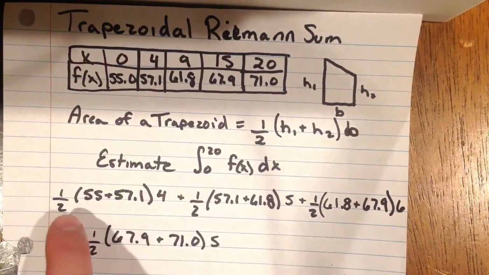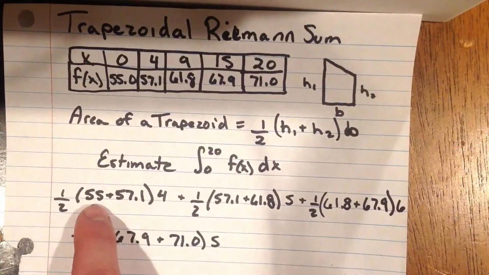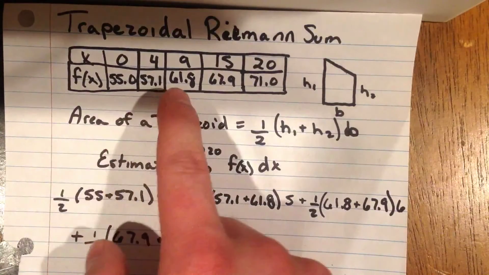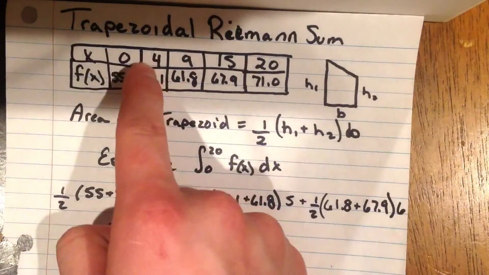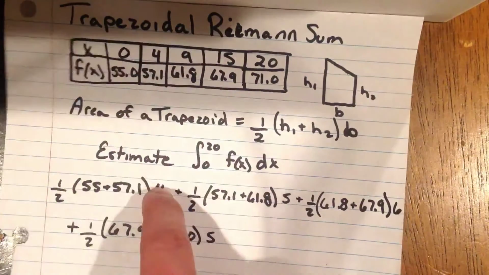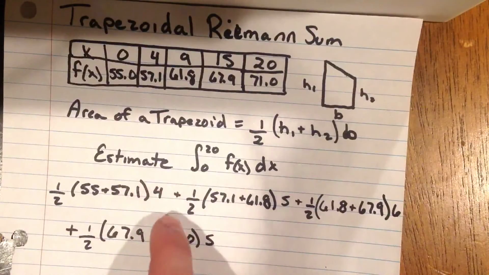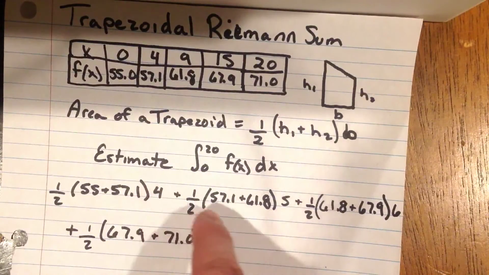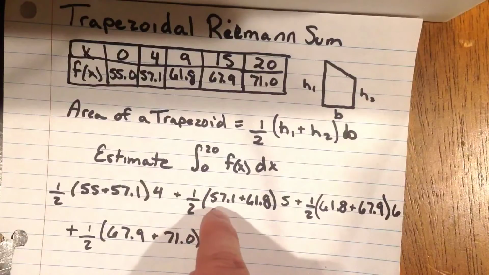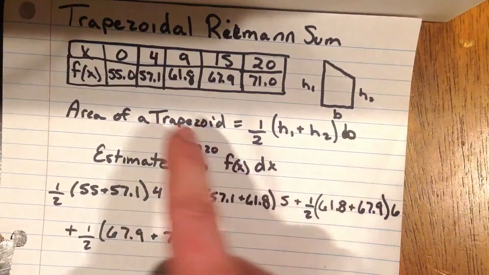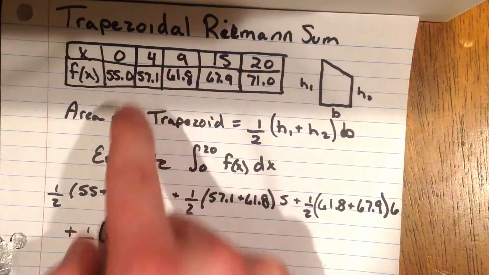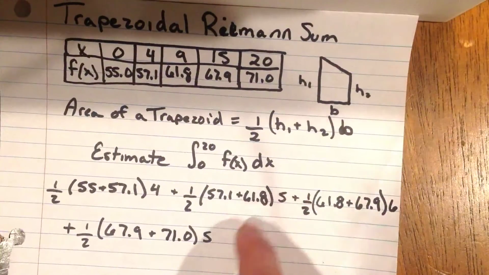So that would look like 1/2 times the quantity of 55 plus 57.1 times 4 minus 0, which is 4. And for the next one, you would do 1/2 times the quantity of 57.1 plus 61.8 times the difference between 9 and 4, which is 5.